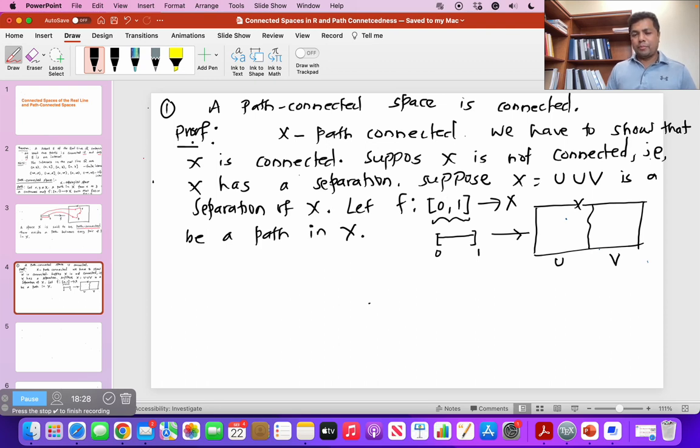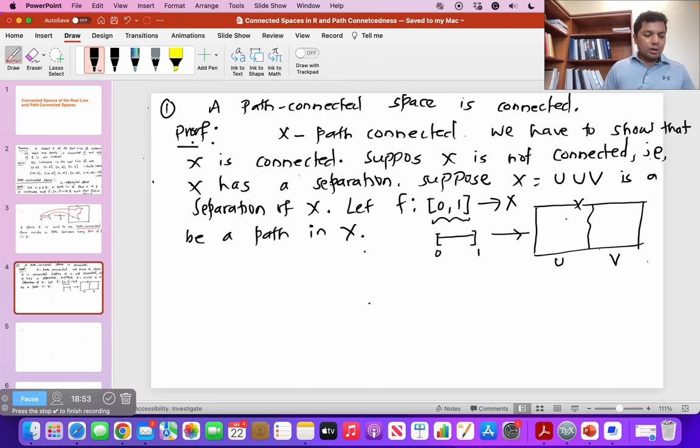Since f is a path, f is continuous. And in our previous lecture, we have studied that the continuous image of a connected space is connected. So the image of this interval [0, 1] under f is connected as being a continuous image of a connected space.